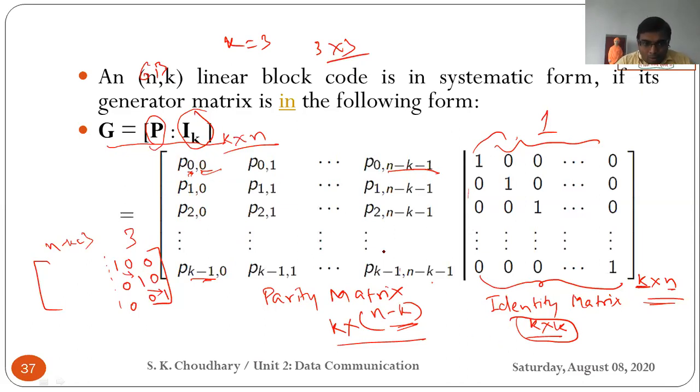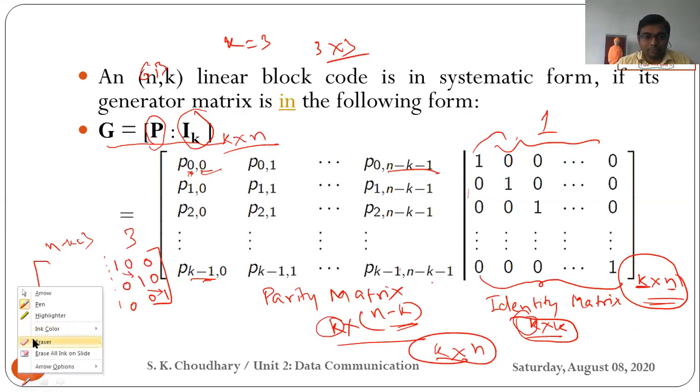And when you see the overall order of this generator matrix, k is common, so k comma (n minus k) plus k, that is n. So the final order of the generator matrix is k × n. Always remember this.